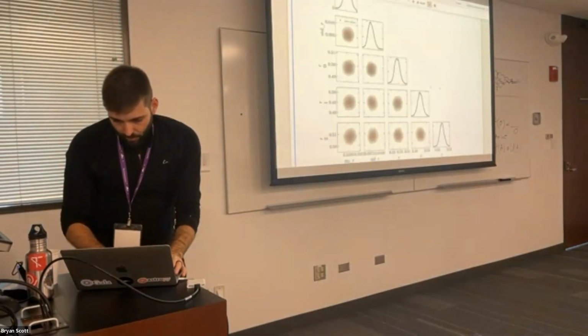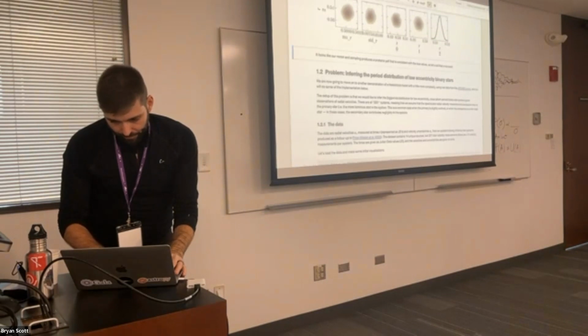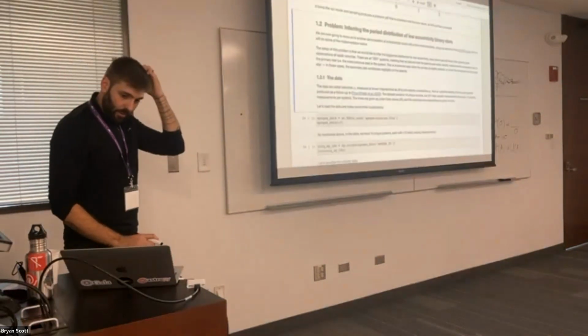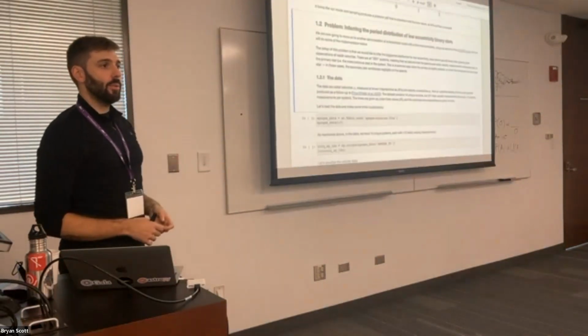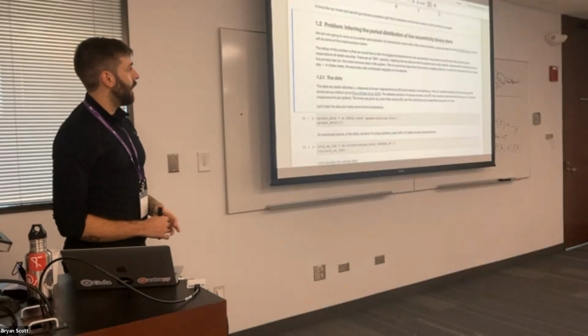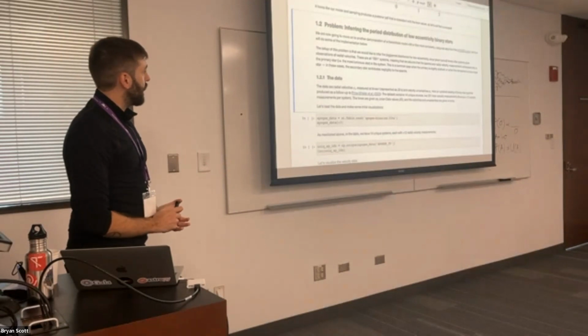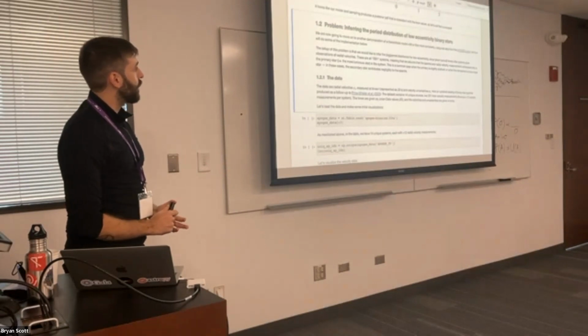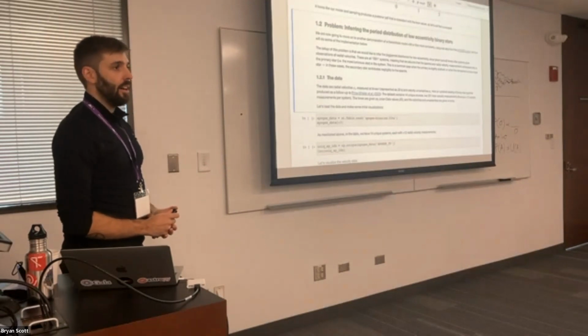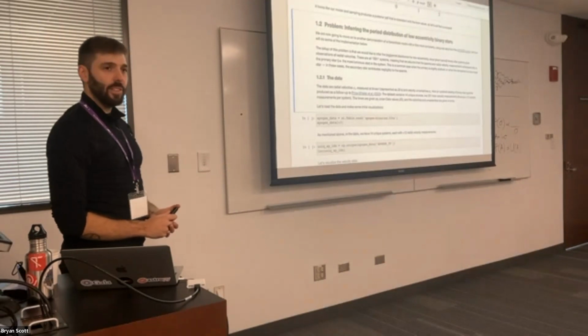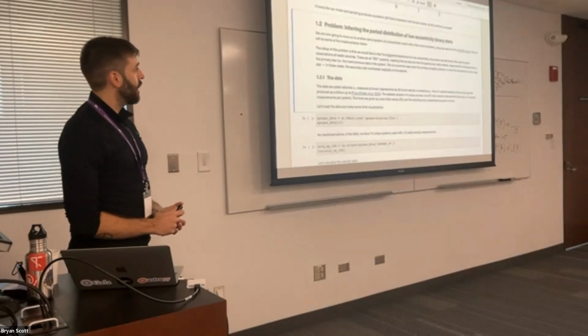Okay, so we're going to take a break now. But when we come back, we're going to break out into groups and work on a problem for the rest of the time. The problem is to infer the period distribution of low eccentricity binary star systems.